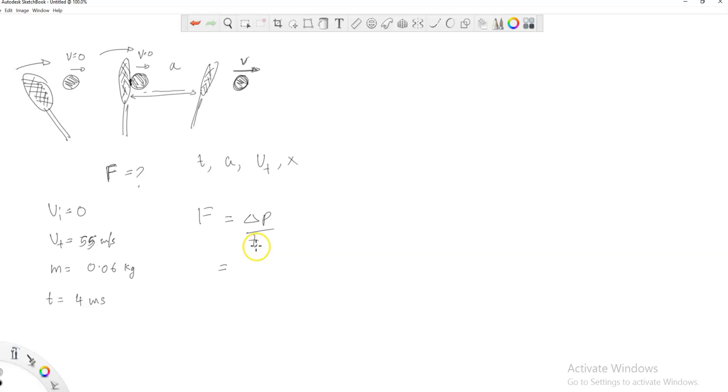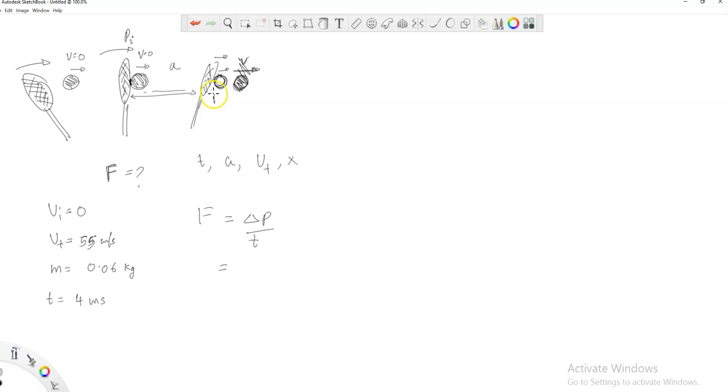So what's the change in momentum? The moment the contact happened is our initial state, P initial. Just before losing contact, or a moment right after losing contact, the ball has its final velocity.